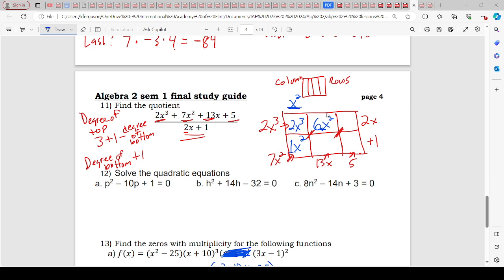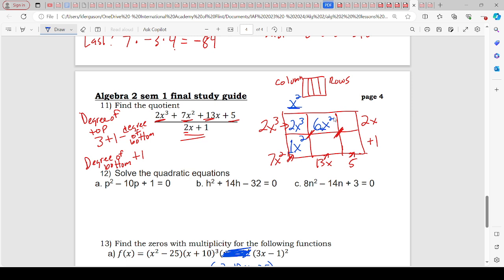So now I know that that's 6x squared. That's 1x squared because we got x squared on the top and plus 1 on the side, so x squared times 1 is 1x squared. And then I got 7x squared as the total of these two boxes. So if I got 1, what else do I need to make 7?